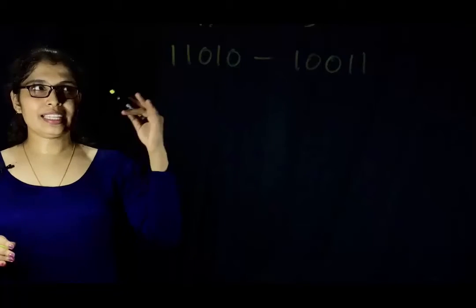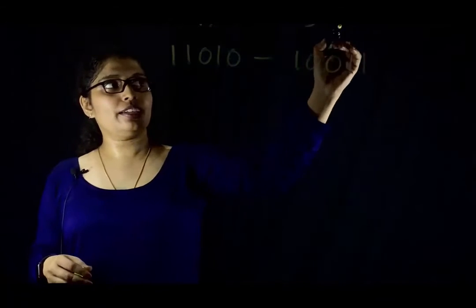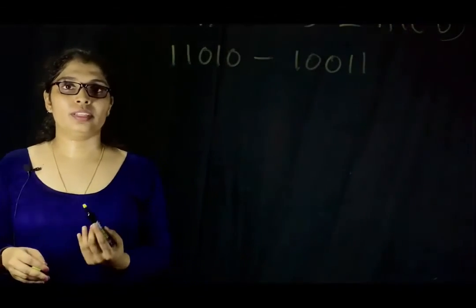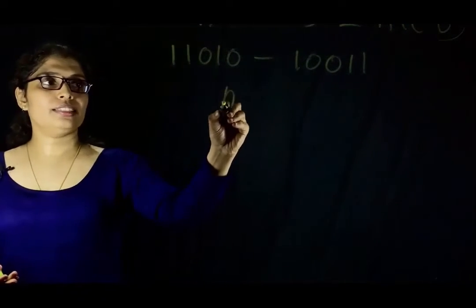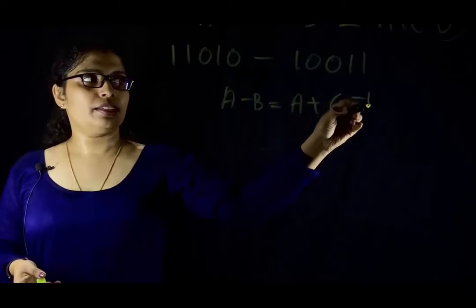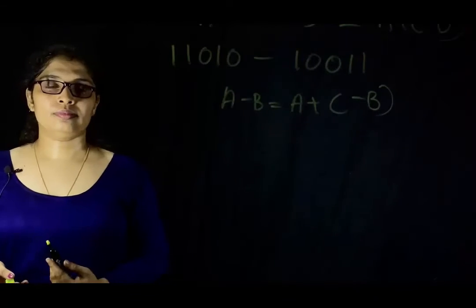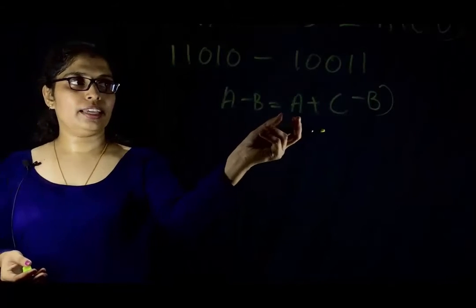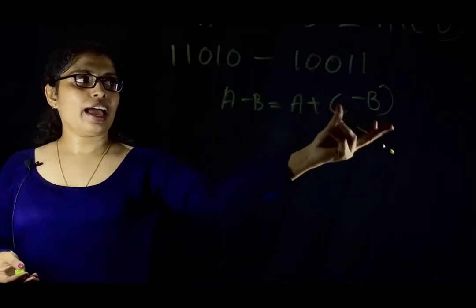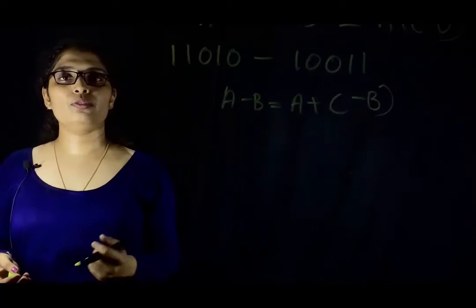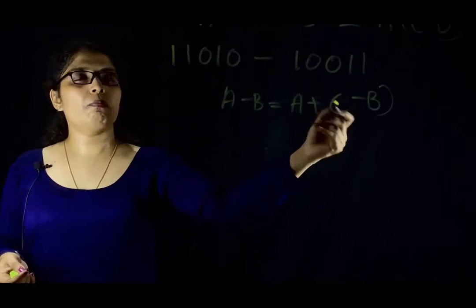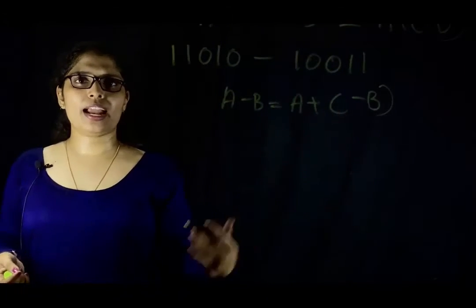This a minus b can be rewritten as a plus minus b. So take this a as it is here and take the 1's complement form of b, that is minus b. Then simply add these two values.